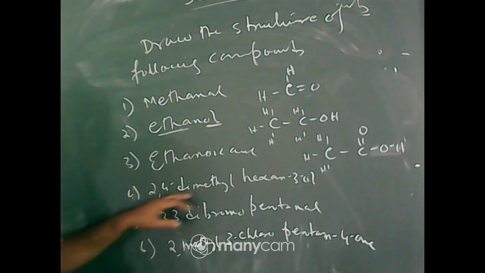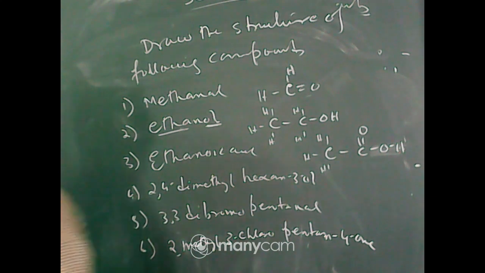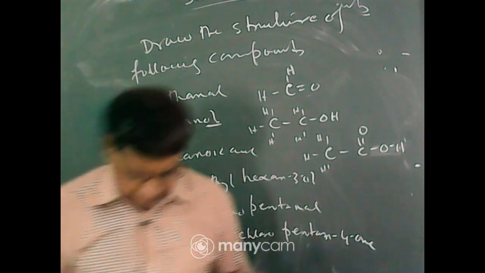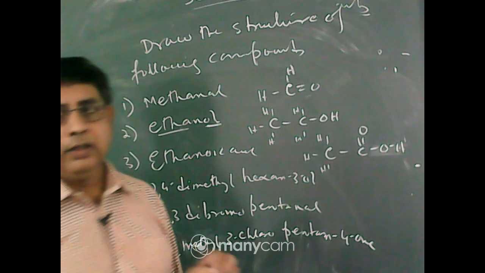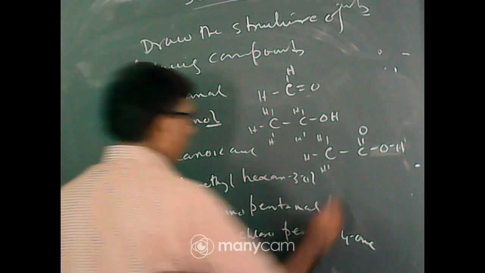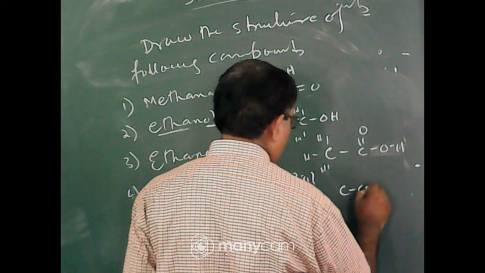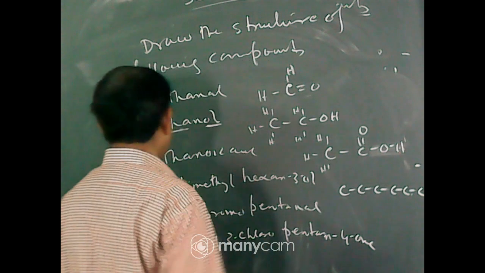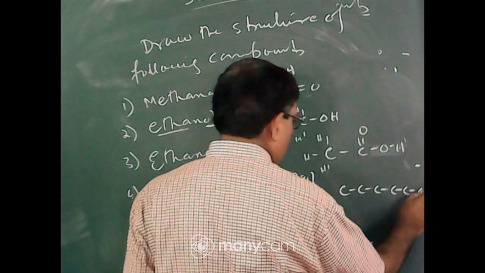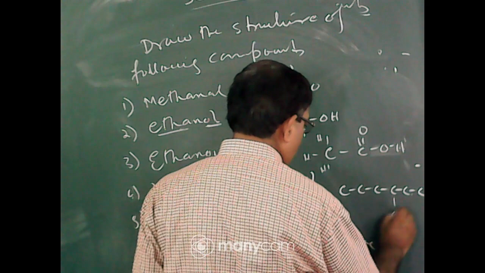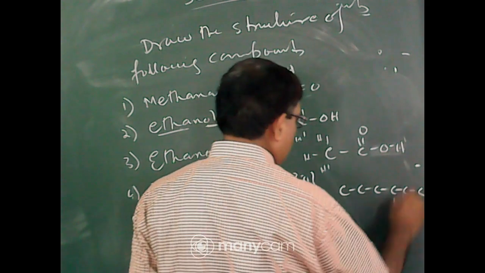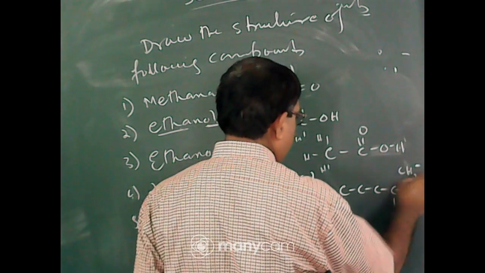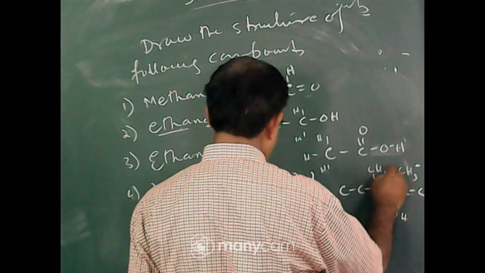Now 2,4-dimethylhexan-3-ol. Hex, what is the root word? 6. That means 6 carbon atoms are present. So write 6 carbons in this way, 1, 2, 3, 4, 5, 6. Hexane. Now 3-ol: 1, 2, 3, the OH at 3. 2,4-dimethyl: here one CH3 group, here one CH3 group.